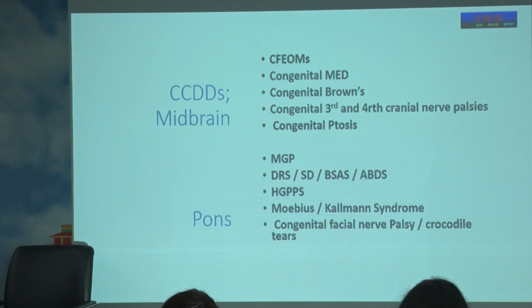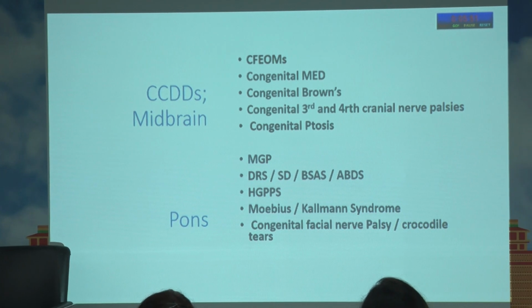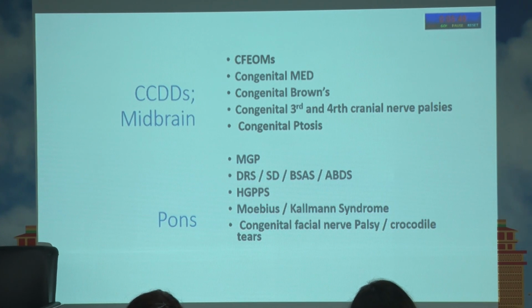I think you already know that the congenital third nerve palsies can also have aberrant innervation. We never looked at them as CCDDs, but now we know that a good number of these show a lot of other evidence on neuroimaging which shows that these are CCDDs. And fourth nerve palsy, you know, is the commonest congenital cranial nerve palsy as far as we ophthalmologists are concerned.